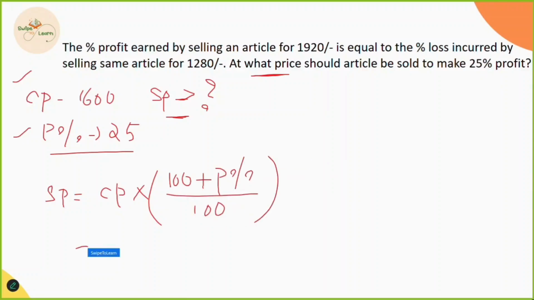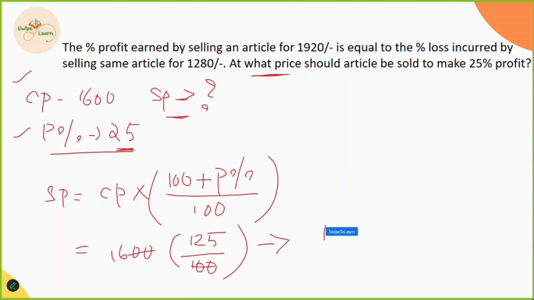So SP we have to calculate, and the CP we got is 1600. 100 plus 25 is 125 divided by 100. So two zeros get cancelled, and 16 into 125. So 16 into 125 becomes 2000.